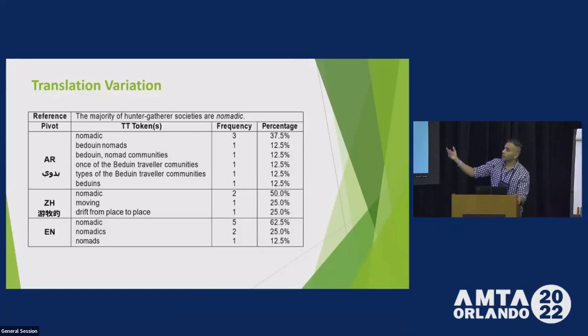but it was translated into Bedouin, and we took a step back to look at the translation into pivot to see whether the pivot actually affected this kind of translation. So we saw that the post editor actually translated the word nomadic into Bedouin, and it was probably a subjective choice, which is a sort of normalization process, one of the translation universals.